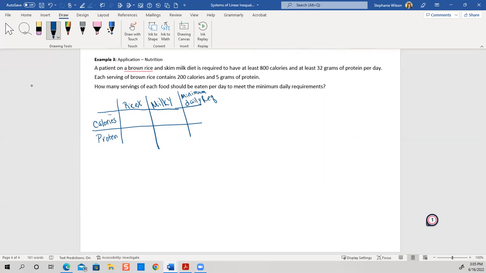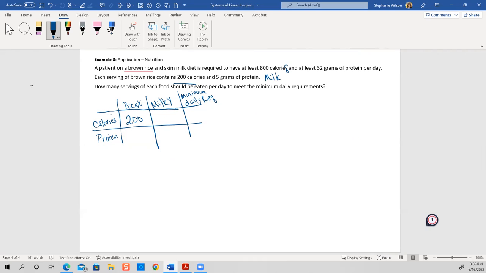So let's label it now. It said on the rice, it was 200 calories, right? And if we notice that we were missing a sentence here, we have the 200 calories for the rice. Okay, so the milk sentence was missing here.